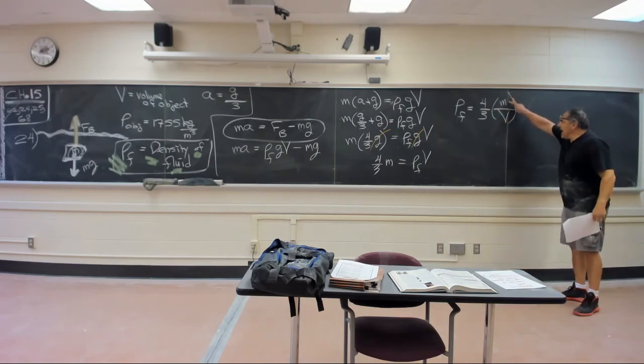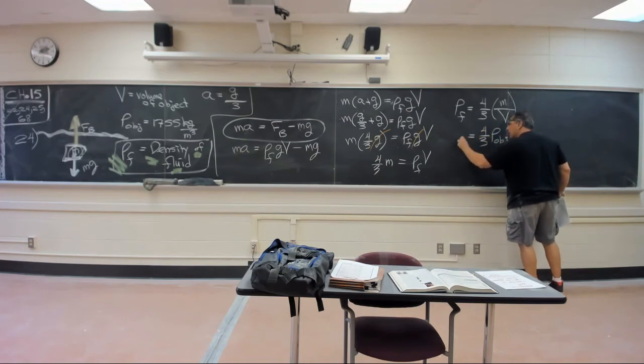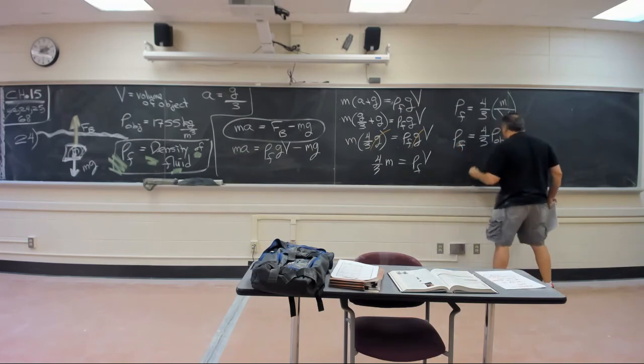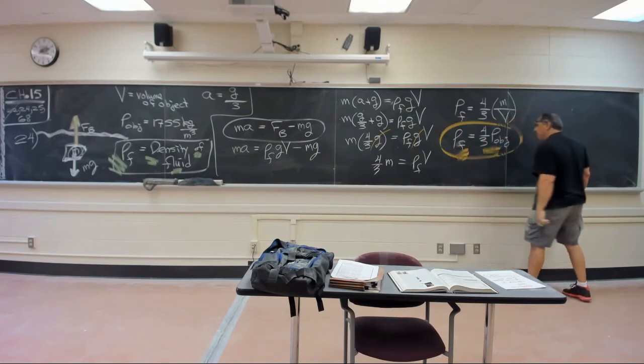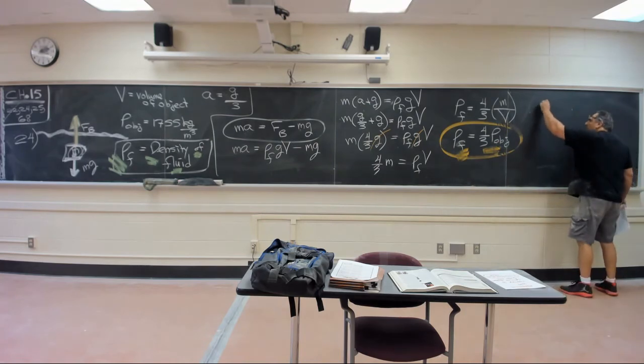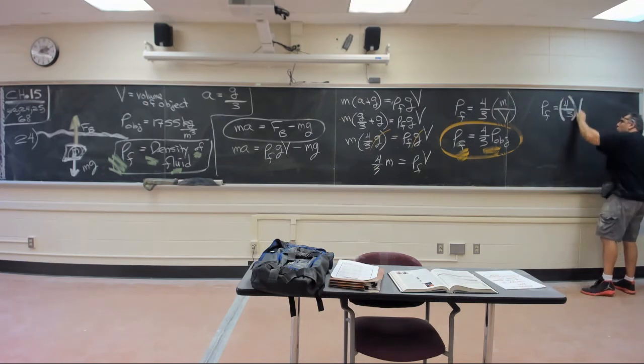If this is the mass of the object, and that's the volume of the object, that's rho of the object right there. Absolutely true. So what is that? Well, rho f is going to be 4/3 rho of the object.